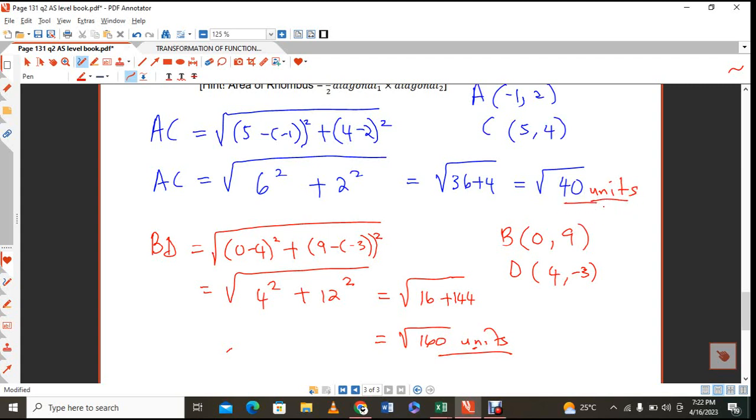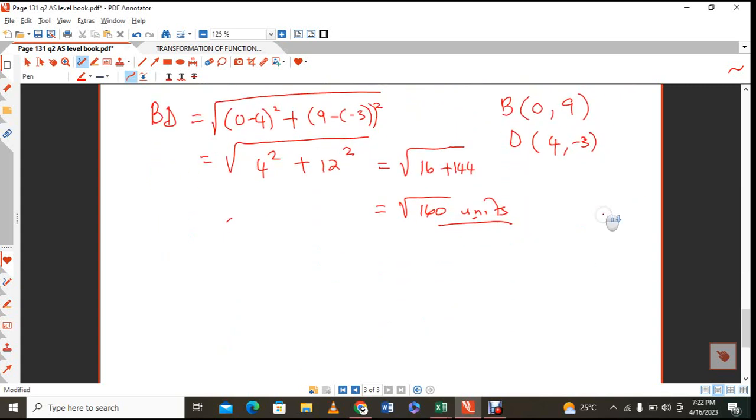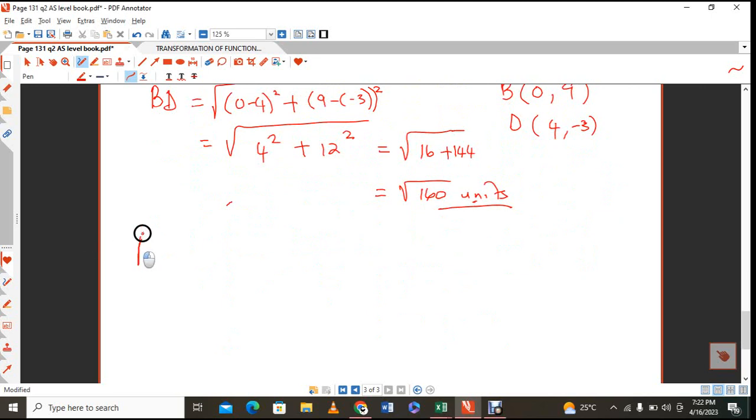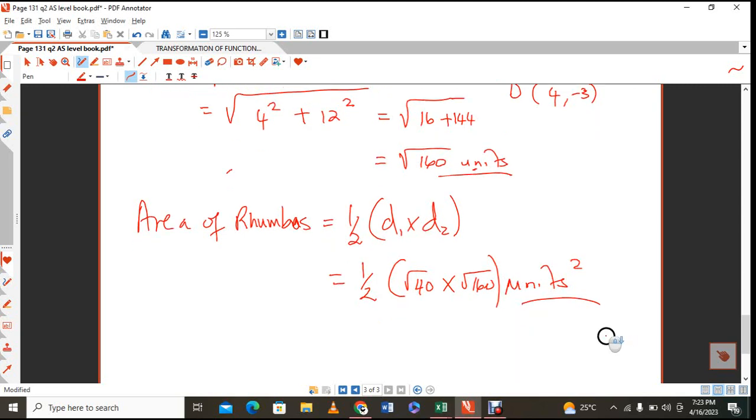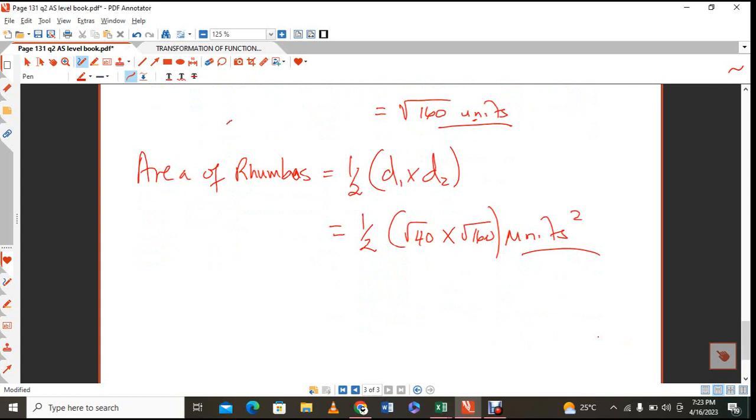Now, to find the area, the formula for the area of a rhombus is a half times the first diagonal times the second diagonal. So it's a half times root 40 times root 160, and this is going to be in square units since we are now looking for an area.